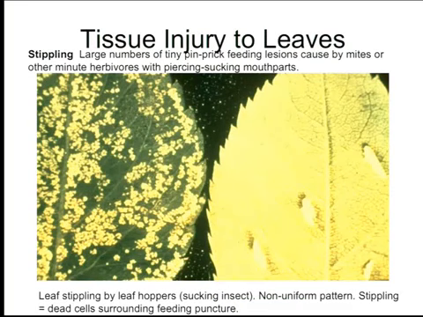Stippling by leafhoppers. Again, insects that start sucking, and then they cause that kind of damage. And then the plant basically turns yellow, as you can see there. And what you see there, those yellow spots, those are the larvae. I'm sorry, the nymphs of the leafhoppers.